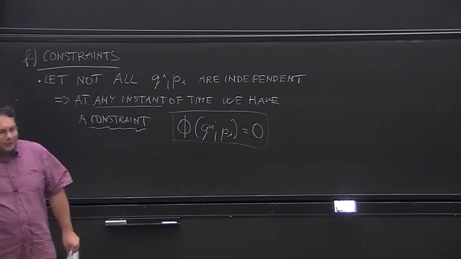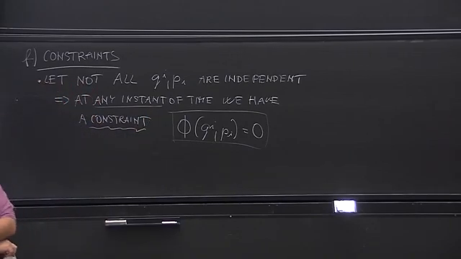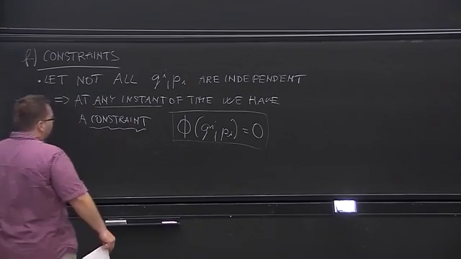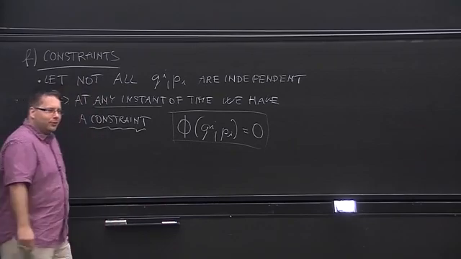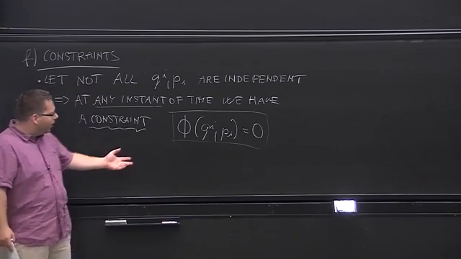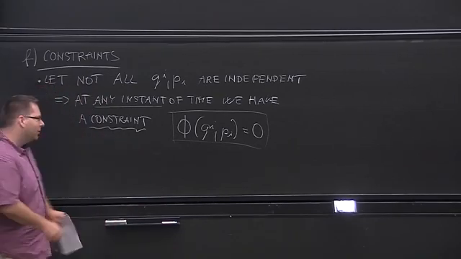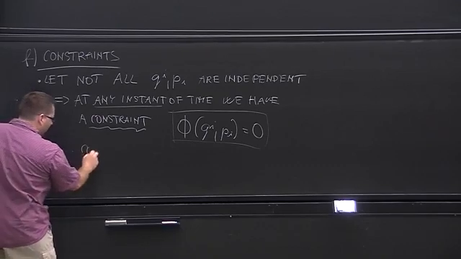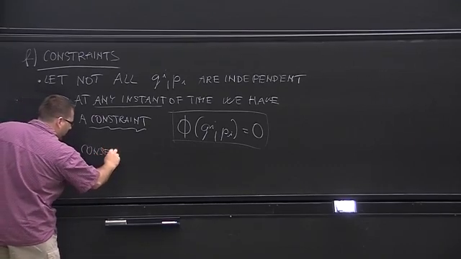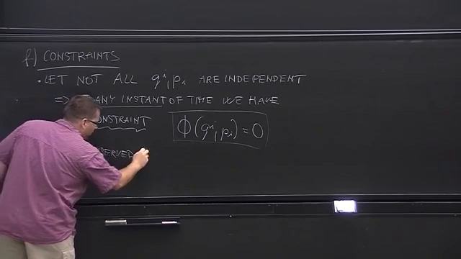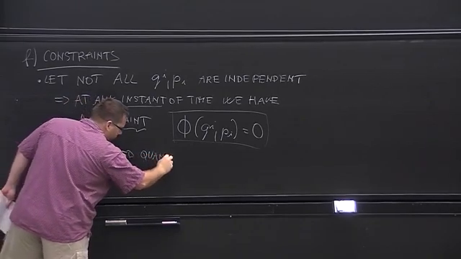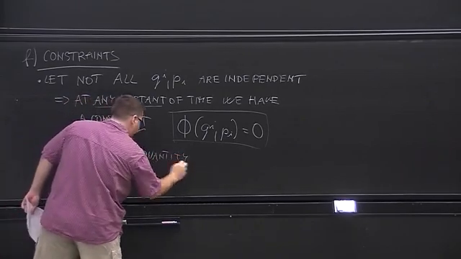In other words, for all times, we have this constraint. In other words, d phi over dt equals 0. So phi is a conserved quantity, because this is true in any instant of time.